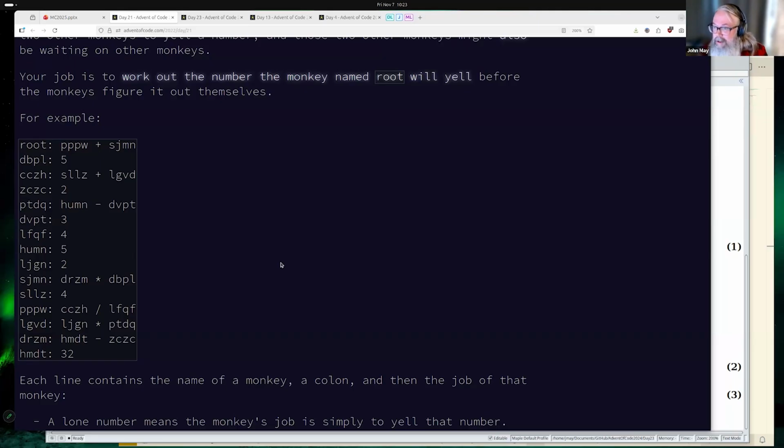And anyone who does symbolic computation looks at this and they smile because they're like, this is an expression tree. I just need to write all these as equations and then substitute them into each other till I get a constant. And that's what Root is going to yell.